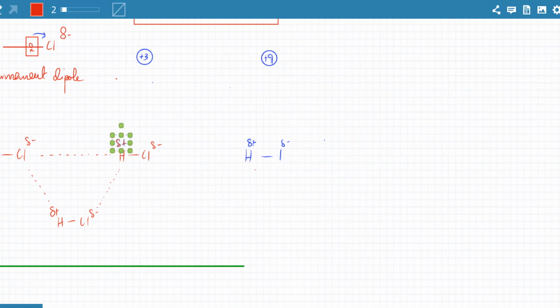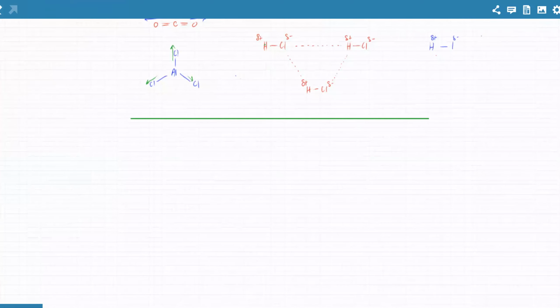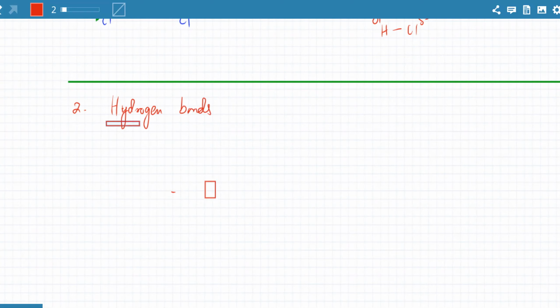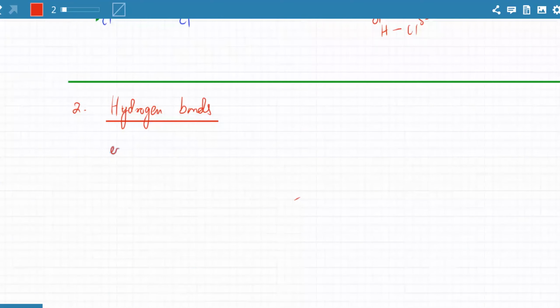So what's the third one? Sorry, the second one. The second one is known as hydrogen bonds. With hydrogen bonds, it's an extreme form of a dipole.